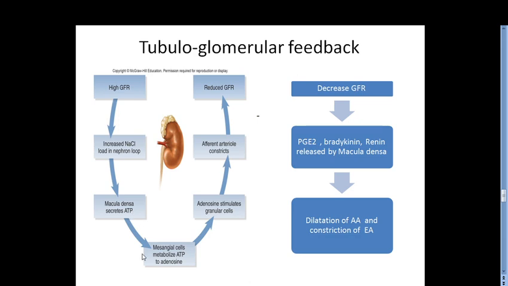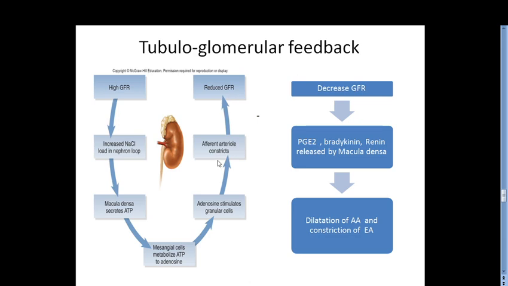That ATP gets metabolized by the mesangial cells, which are present surrounding the glomerular capillaries, to adenosine, and that adenosine stimulates the granular cells. Granular cells are present in the juxtaglomerular apparatus in the arteriolar walls. They are also modified smooth muscles, and they constrict the afferent arterioles, and then there is a reduction in GFR.